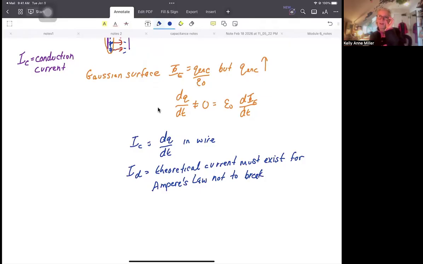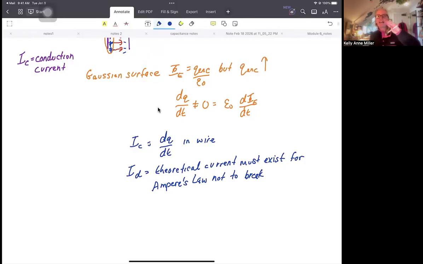If that theoretical current isn't there, then Ampere's law breaks down. It doesn't make sense, and I'll show you that in a second. But just understand that displacement current is something that exists, A, to make the math work out for Ampere's law, and B, because it has to be there in order for electromagnetic waves to propagate through space.